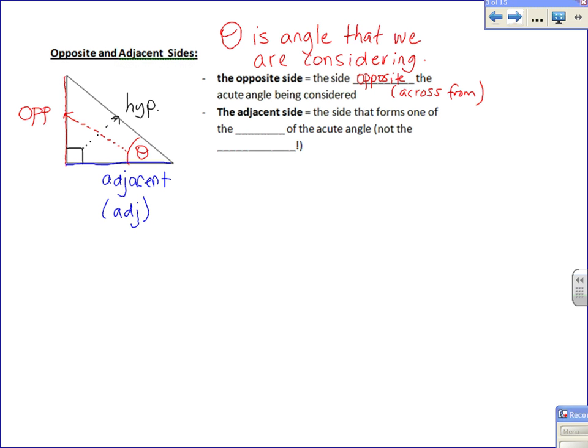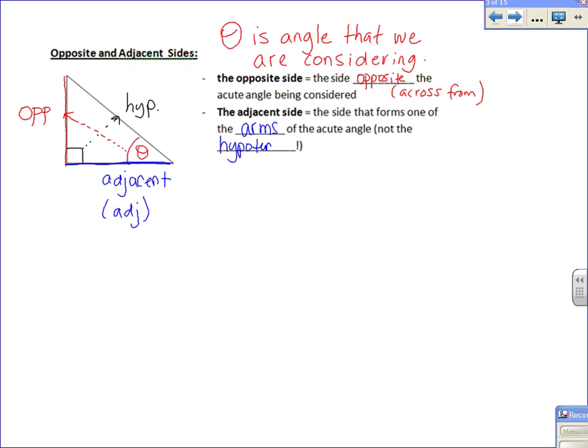The adjacent side is the side that's formed between the two arms, so the leftover arm that is not the opposite and not the hypotenuse. It is formed by the arms of the acute angle, and not the hypotenuse.